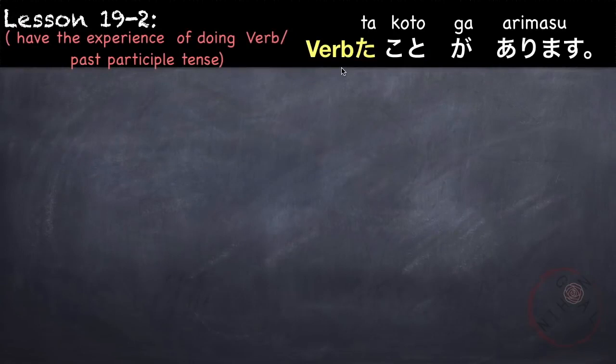Okay, moving on. The first application of the ta form of the verb is stating that you have experience doing a verb. Or in English grammar, it is the past participle tense. So, using the pattern, verb ta form followed by koto.